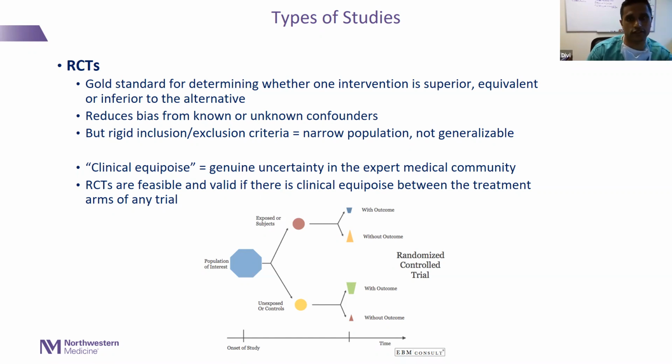Not only do those fractures not come around often, it's really hard to enroll them because a lot of these people get screened out easily with exclusion criteria. Finally, clinical equipoise is the term for where you have genuine uncertainty in the expert medical community. And this becomes a problem because RCTs are good at answering questions where there's clinical equipoise. Like as a clinician, I have no idea what's the right answer.